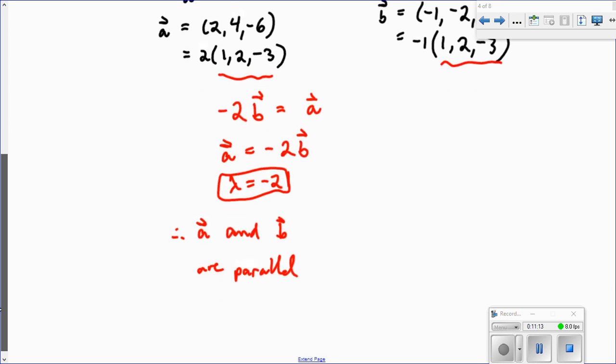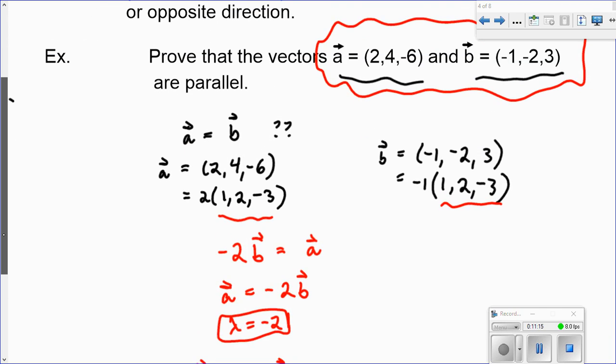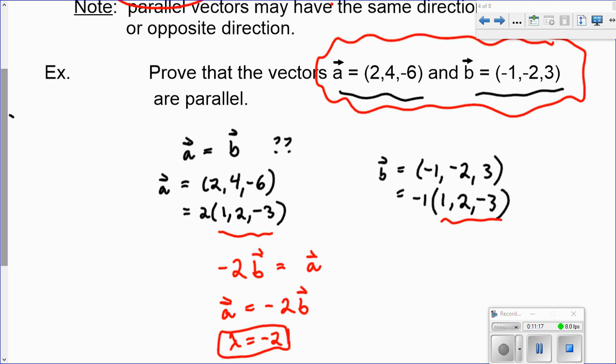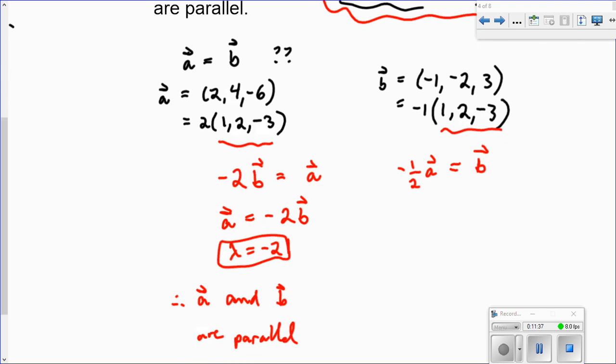Students can also see it this way. They can say, well, negative a half A is B. So if I take negative a half of 2, I get negative 1. If I take negative a half of 4, I get negative 2. And negative a half of 6 is positive 3. So I certainly can write it like this as well, or just rewrite it in a different orientation.